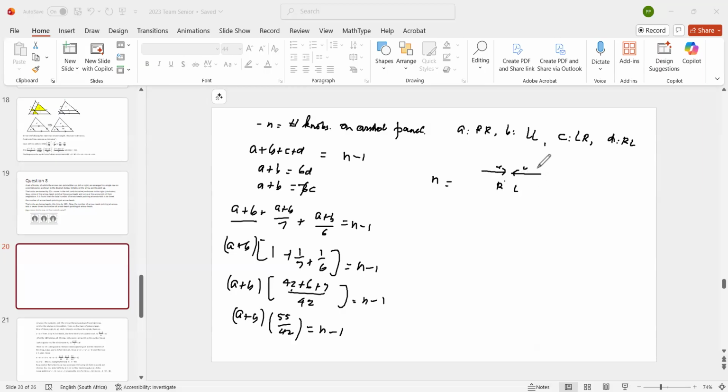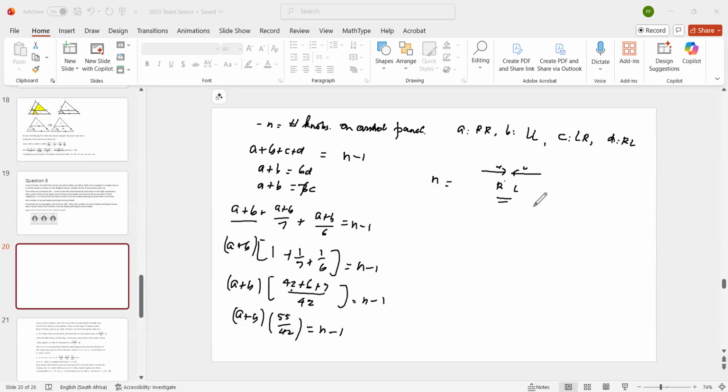The RL is actually, you have to count it twice. It's not C, because of the number of situations where the head is pointing towards L, whenever you have an RL, you have to count twice, 2 times. You count it here. This is where this arrow is pointing to the head, and this one here is also pointing to the head. So each time you take each arrow and find out what it's doing, you'll have to count this twice.